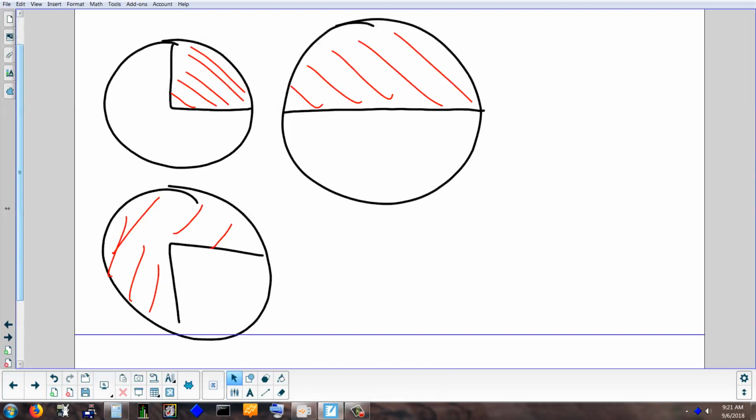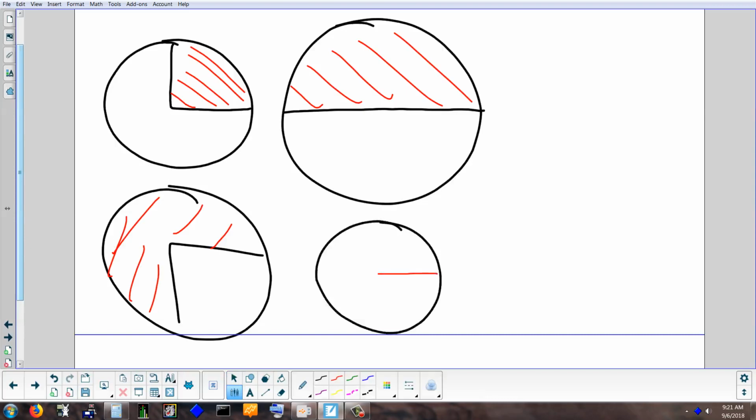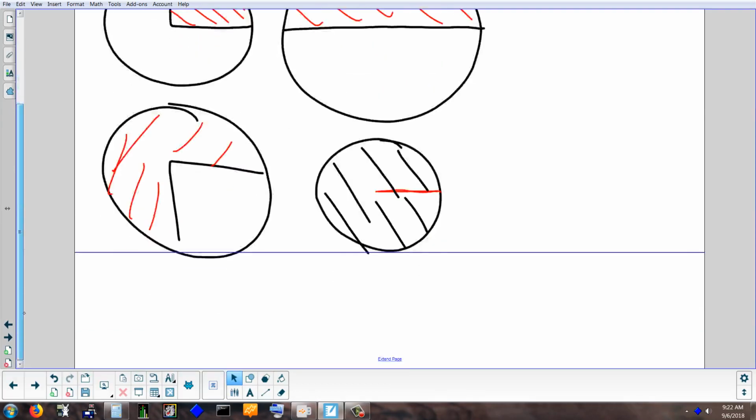Well, let's keep going. Let's say here's my initial side, here's my terminal side. If the initial side and terminal side are right on top of each other, we've swung this side all the way back around. How big is that angle? 360. And how much of the circle have we taken up? 100%, the whole thing.